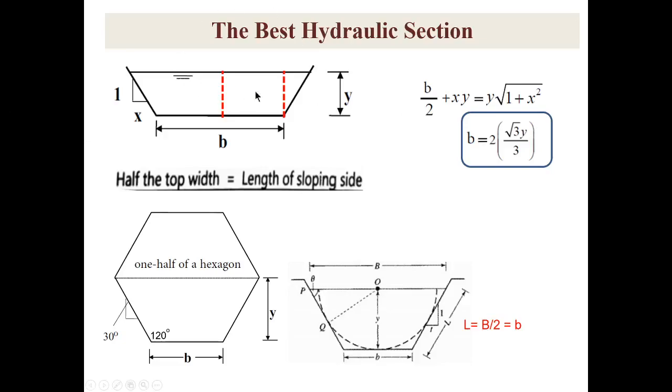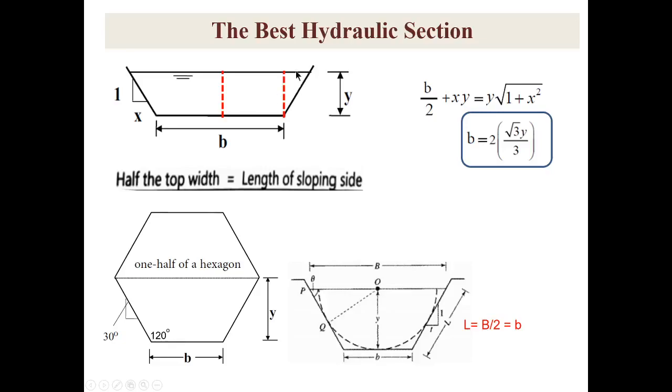Here you see that I repeated the second conclusion, and b over 2 plus xy is this side, and y square root of 1 plus x squared equals this side. Geometrically, you may say that this length, or half of the top width, seems to be greater than the side length.